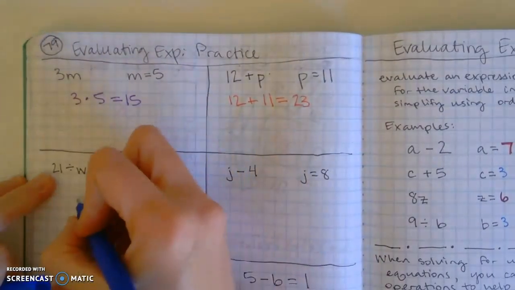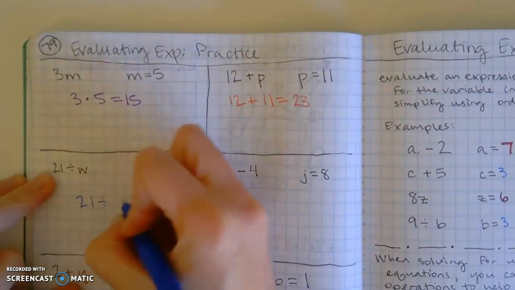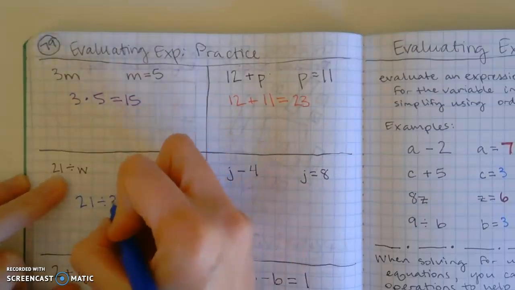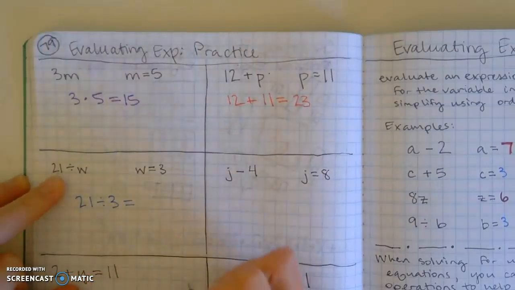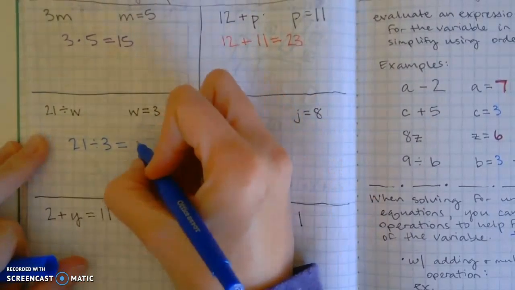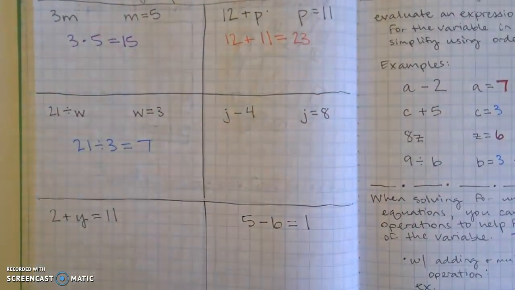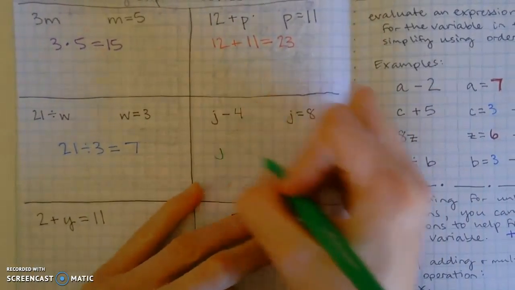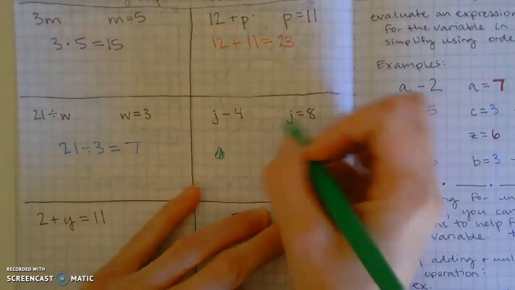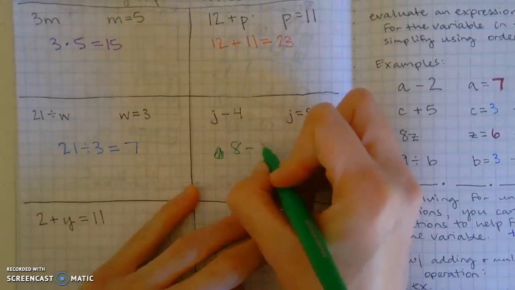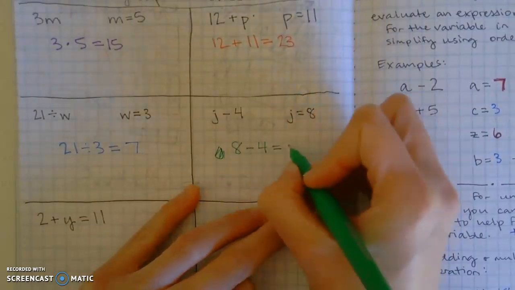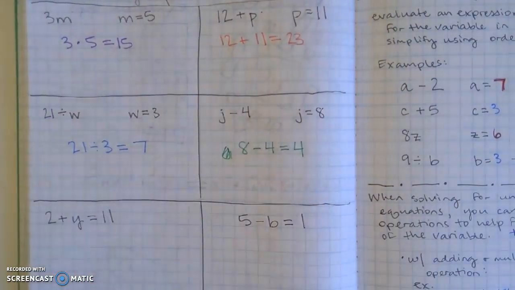All right, 21 divided by w, and w equals 3. So 21 divided by 3 is going to be 7. And our last one, j, oops, shouldn't have started with j. So j equals 8, so we're going to do 8 minus 4, and that's going to give me 4, okay?